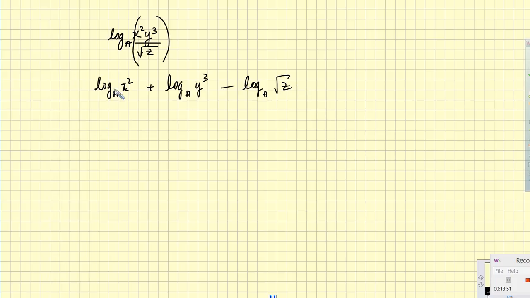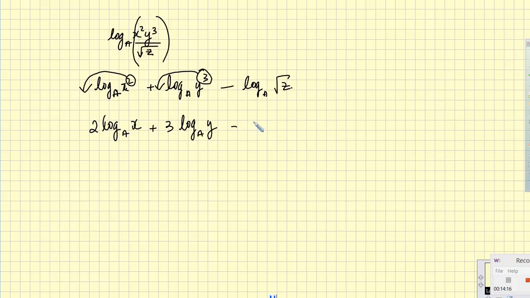So now what I'm going to do next is rewrite this using the next law, which is that I've got an exponent, so I bring these out to the front. So this would go to 2 log base a of x plus 3 log base a of y.